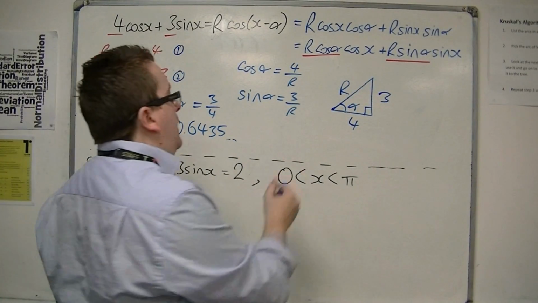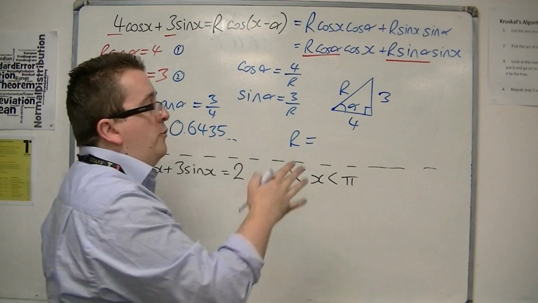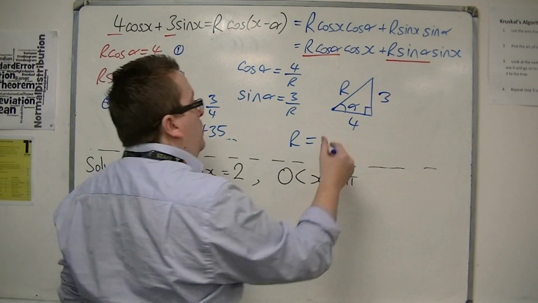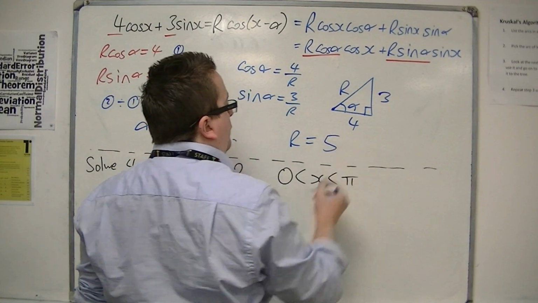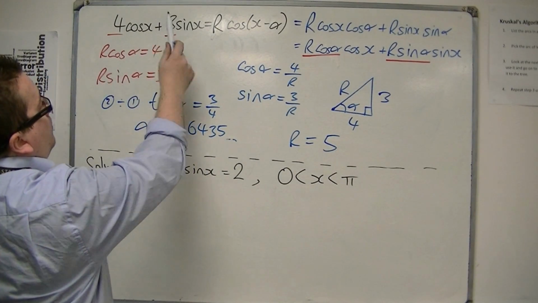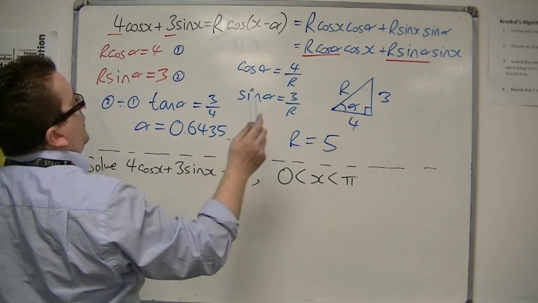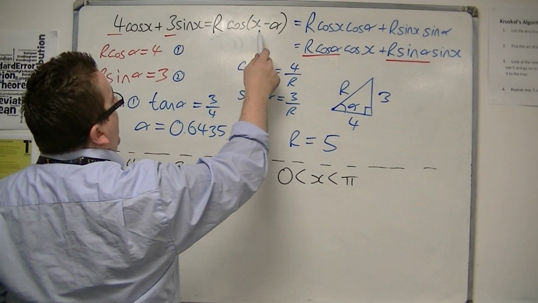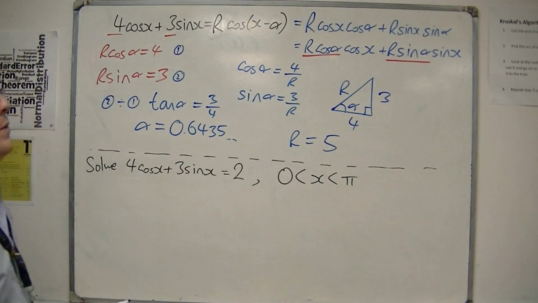So r is the square root of 3 squared plus 4 squared, so square root of 25 is 5. That means I can write 4 cos x plus 3 sine x as 5 cos (x minus 0.6435), and so on.